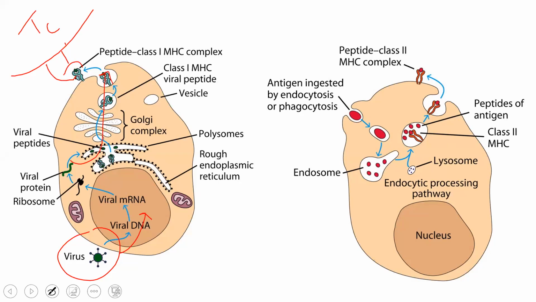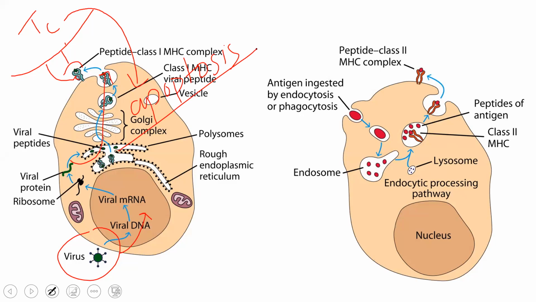The CD8 molecule will recognize this, and then this T cytotoxic cell will instruct this viral infected cell to die an apoptotic death. So this is the presentation of viral proteins via MHC class 1 molecule.